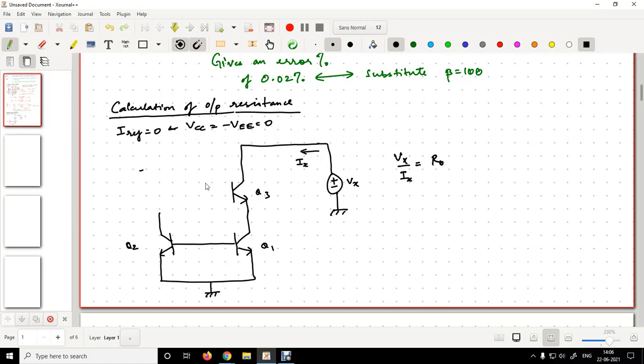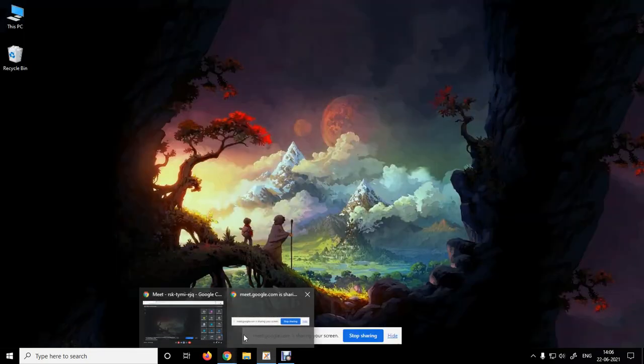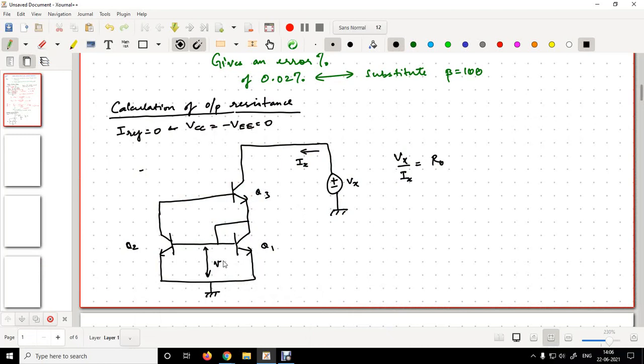Okay, so this one goes to the base of Q3, this one are connected like this. Right, so this voltage I will call it as V. Q1, Q2, Q3, Vx by Ix should give me R naught.